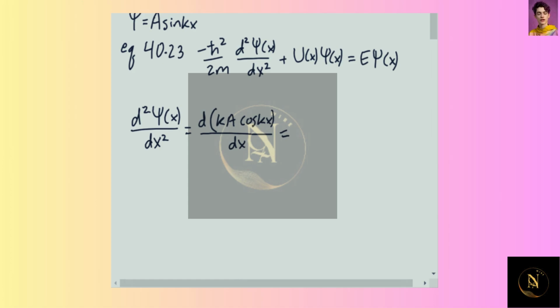And then the second derivative will go to negative k squared a sine of kx. And we can see that a sine of kx is our original psi function, so we can rewrite this as negative k squared times psi of x.